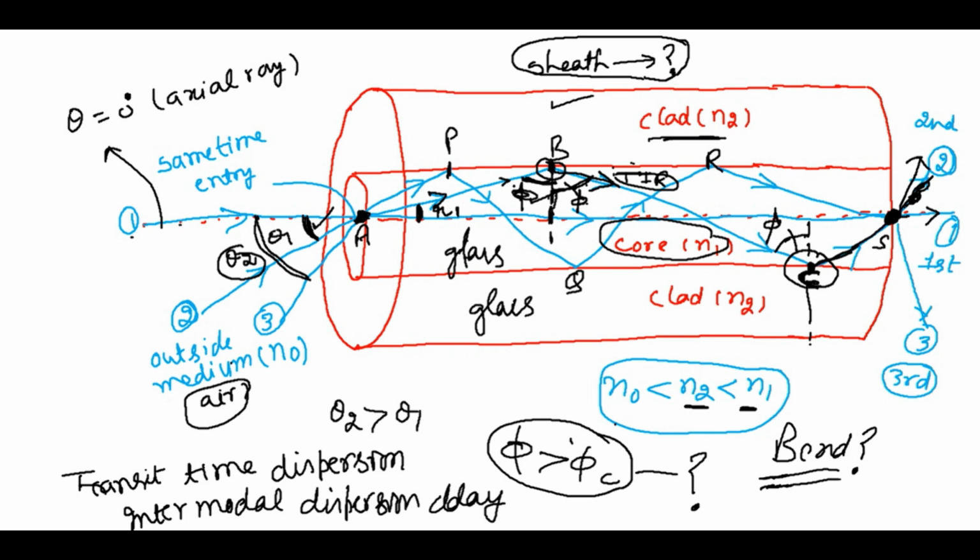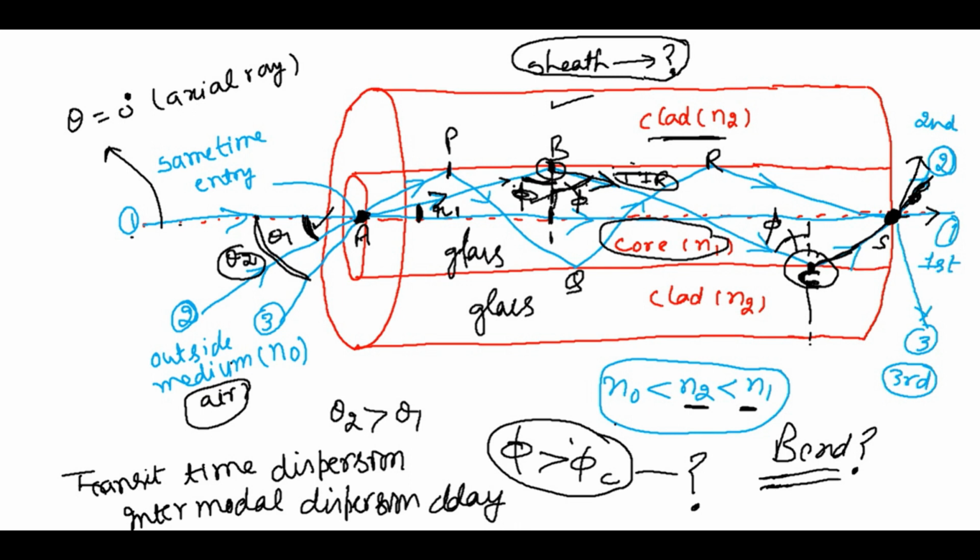These rays will take large time to come out of the fiber, and this will produce a limitation, a drawback of optical fiber, and that drawback is called transit time dispersion, or it is also called intermodal dispersion delay.